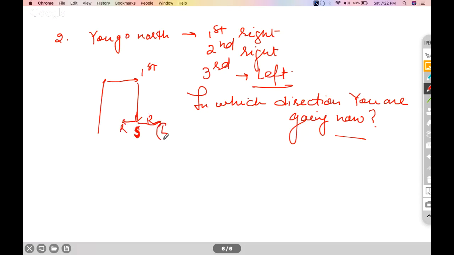So again I come back to this direction. Now try to understand, the second right and left are cancelling themselves. If you go right and left, then whichever direction you were going in the first move, the same direction you will be going. So if the person was going north, now it will go east. So the answer is east here.